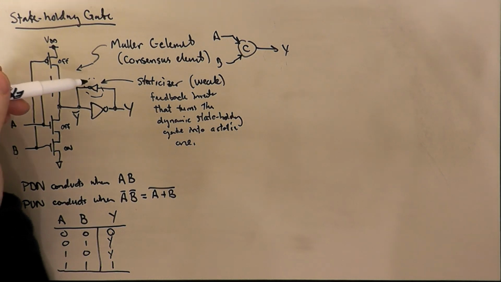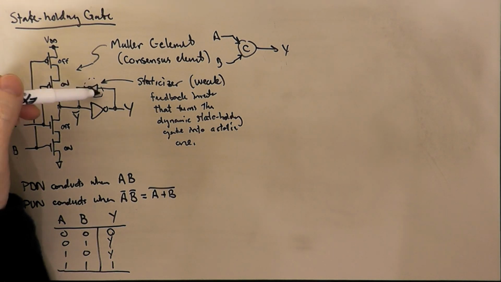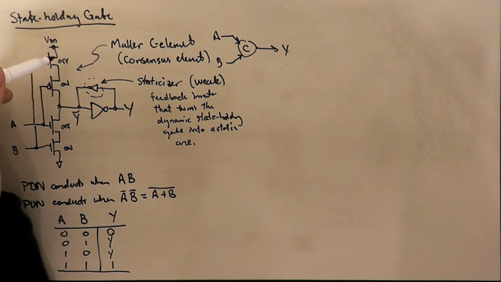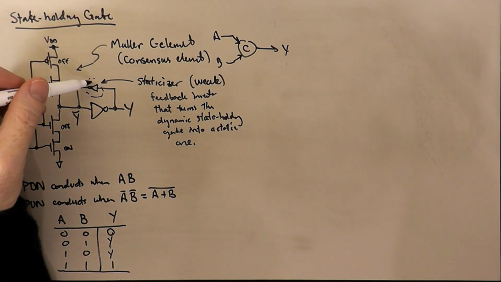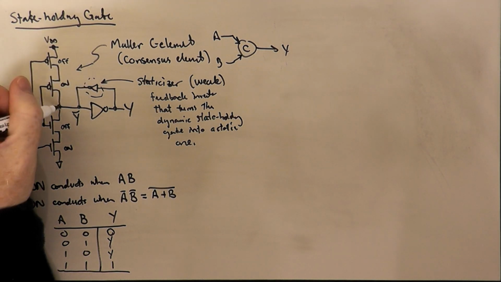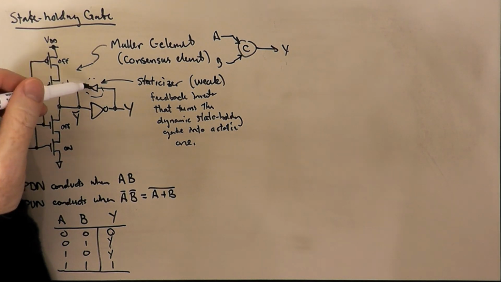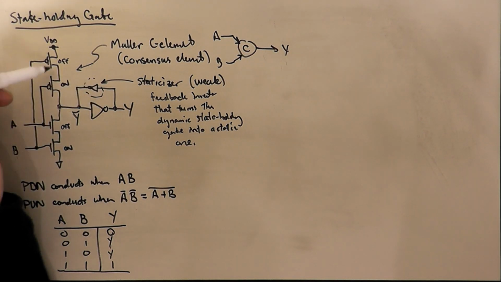There are ways of cutting off this feedback inverter by putting appropriate transistors in series with it, but oftentimes what's done is just to make these devices quite weak compared to these devices here in the C element.